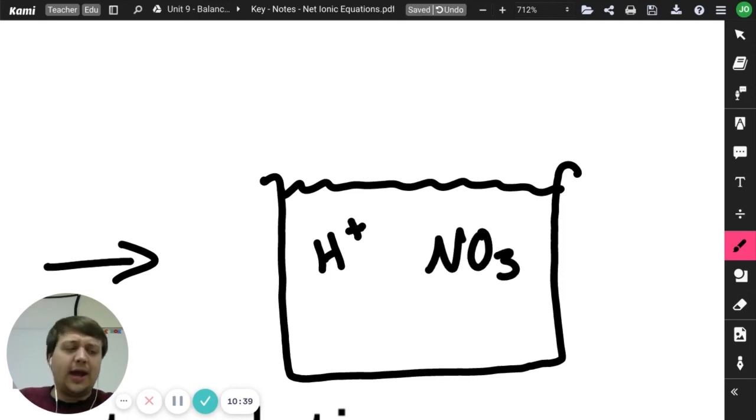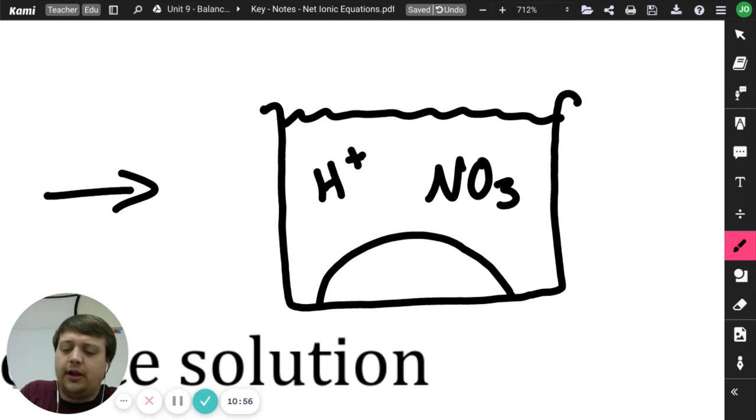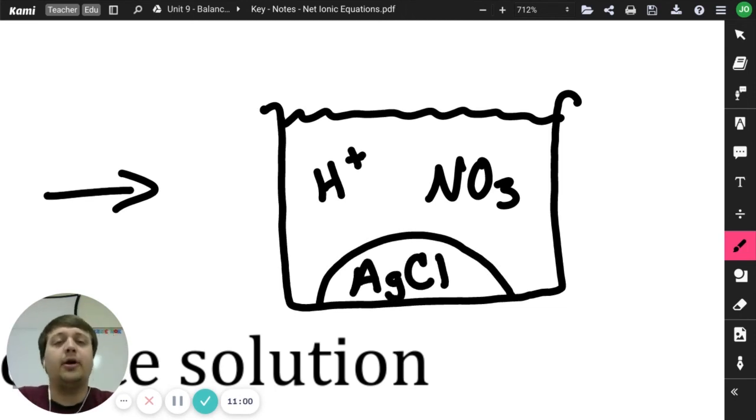But I also had chlorine and silver, right? They did participate in this reaction. And so since they participated, we need to make sure we recognize that. And so we know that they turned into a solid. And so I'll show that. So I have a solid of silver chloride in the bottom of that beaker.